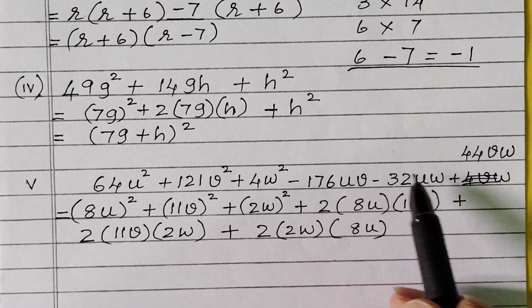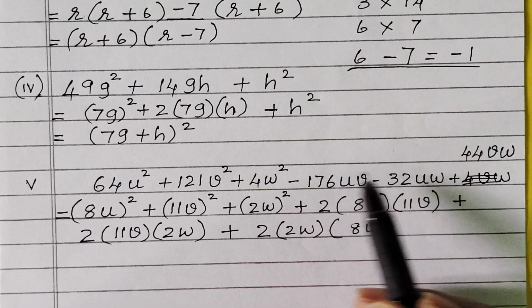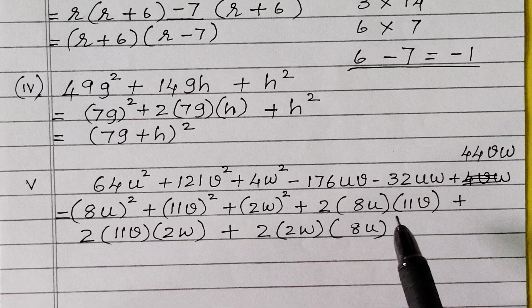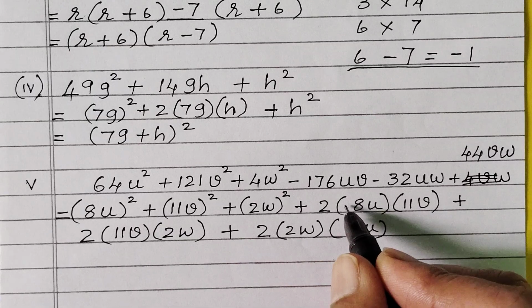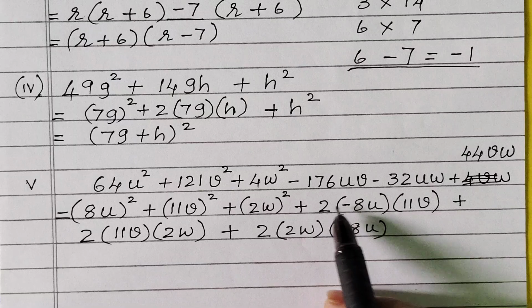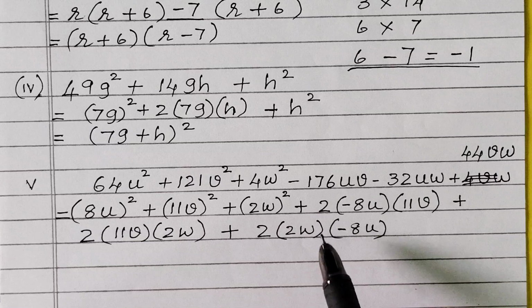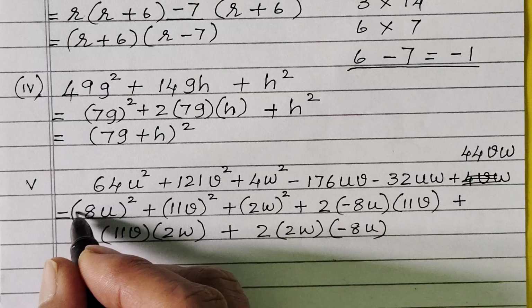So among these two terms, what is common? U is common. So we have to make 8u as minus. If I put minus here, I will get minus 176 uv. Again here minus, I will get minus 32 uw. So I should make this as minus.